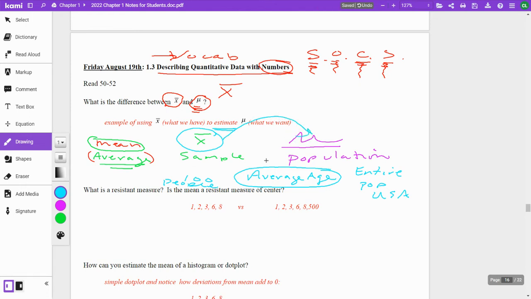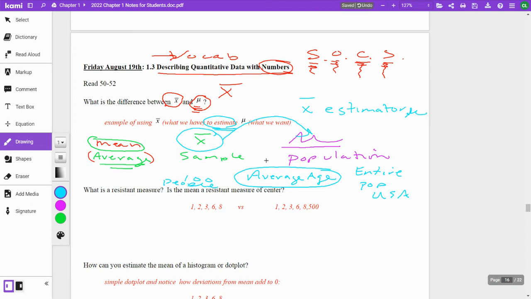This is cost effective. It's much easier to ask the average age of 100 people and then extend the data to estimate. So X bar is an estimator for mu, okay? The sample estimates the population.